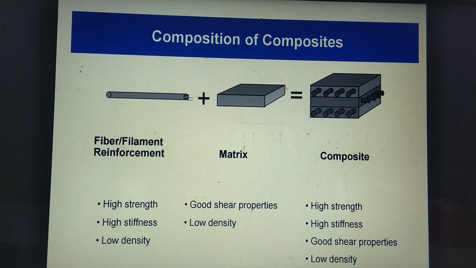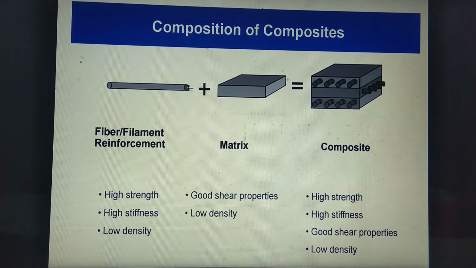If we take the cross section of the composite material, we can still distinguish which component A was added and which component B was added. So this is a definition for composite. I hope you now understand what is meant by composites, in which component A is called the matrix and component B is called the reinforcement.